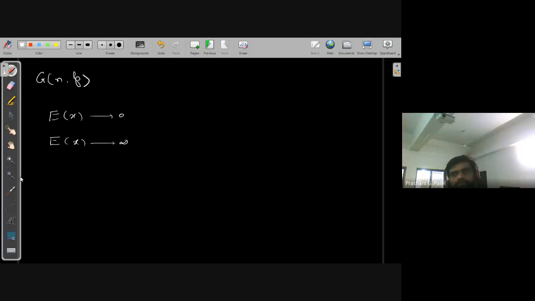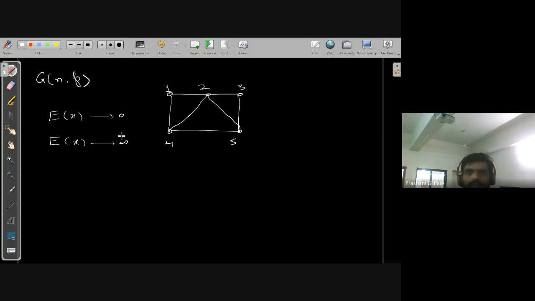We have seen examples in which certain graphs have a Hamiltonian cycle, and certain graphs do not. For example, I can draw this graph. Say this is the first vertex, second vertex, third vertex, fourth vertex, and fifth vertex. This graph has a Hamiltonian cycle, as you can see.